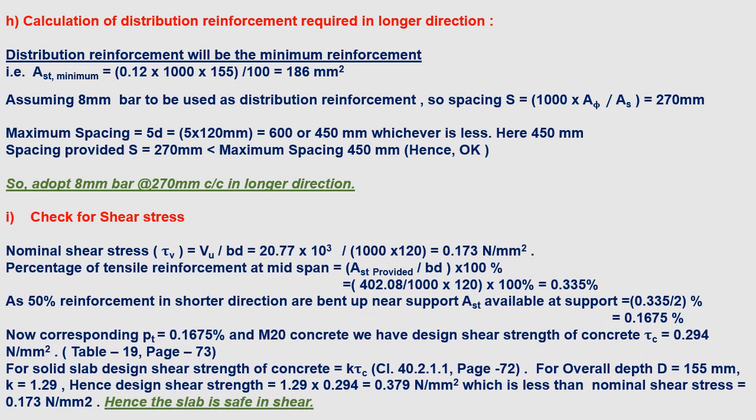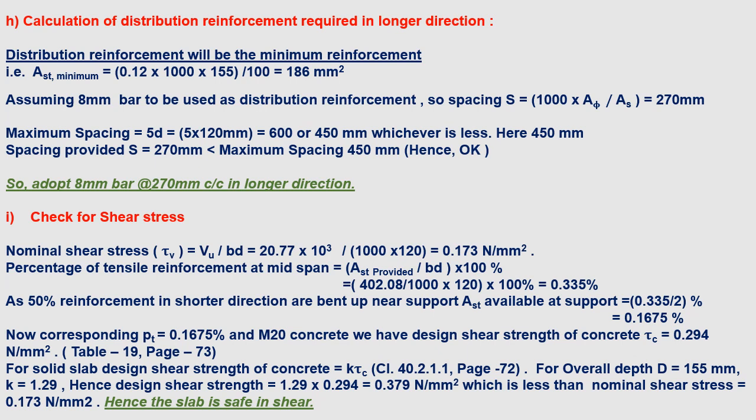Now to check the shear stress, first we calculate the nominal shear stress tau v, which is equal to Vu by bd equal to 20.77 into 10 to the power 3 Newton, that divided by b equal to 1000 into small d equal to 120 millimeter, which becomes 0.173 Newton per square millimeter.